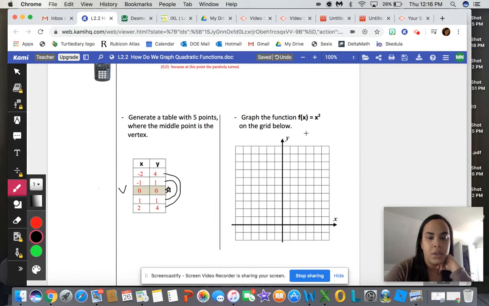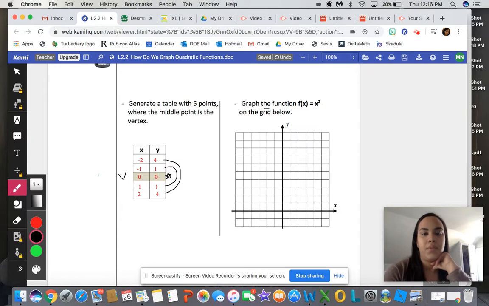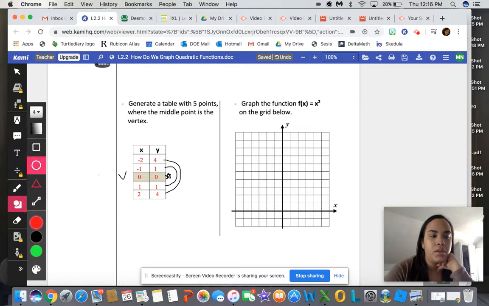Now, the last thing we want you to do is just graph the function. How do we graph? We just plot these points right into the graphing paper. So I'm going to use a little circle.